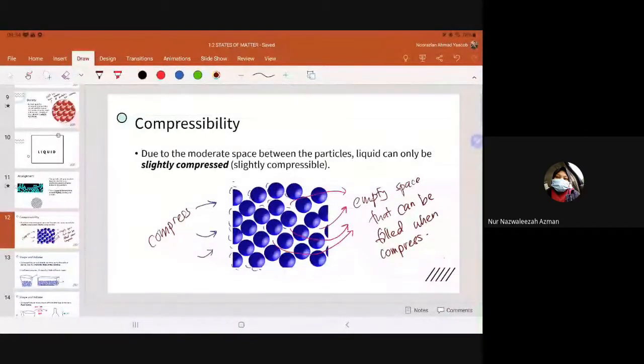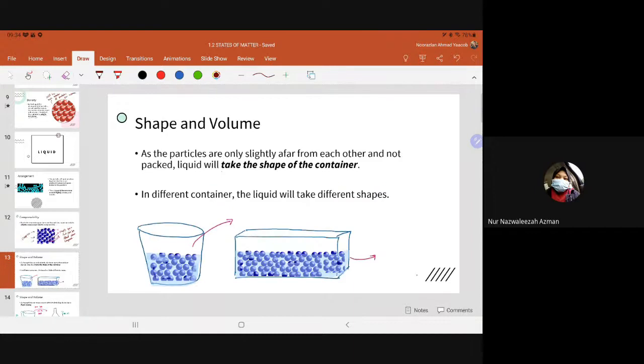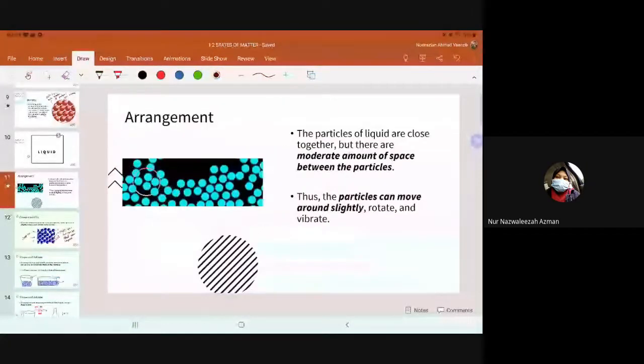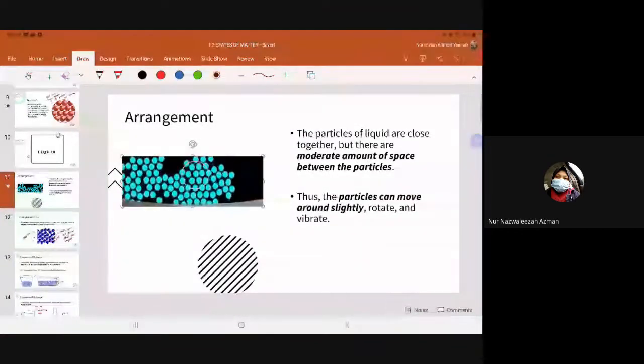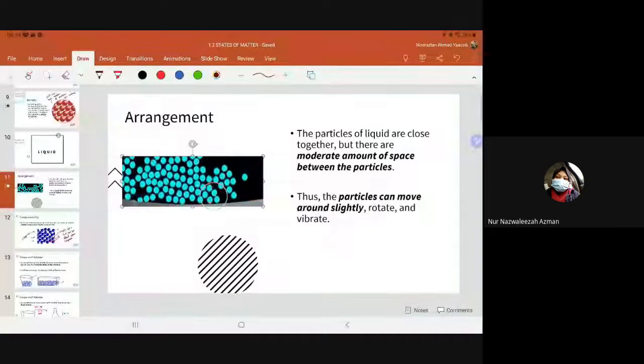And then dia punya shape and volume. So as we know, particle sebab dia, kalau kita tengok tadi, okay, so dia bergerak-gerak kan? Okay, so dia akan cuba mengisi ruang paling bawah dulu sebenarnya. Kalau kita biarkan video ni lama-lama, sebab video ni saya ambil sedikit saja, kalau kita biarkan lama-lama, semuanya akan turun untuk isi bawah ni.